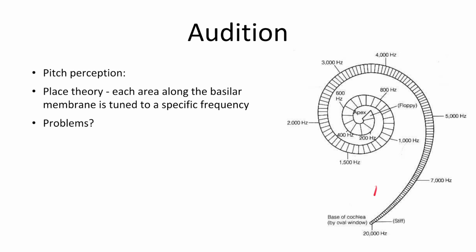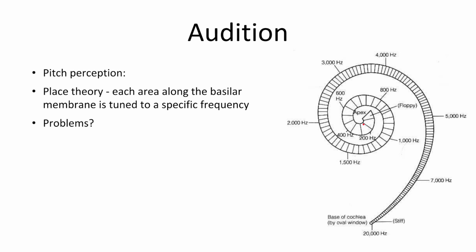So when there is input, so vibrations coming from the oval window, those vibrations, when they impact the cochlea, it is the case that very high frequency vibrations will tend to stimulate hair cells along this base of the cochlea, or at the beginning of the cochlea. As it coils around, the hair cells become responsive to lower and lower frequencies.